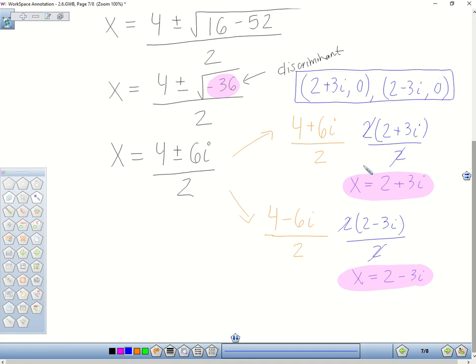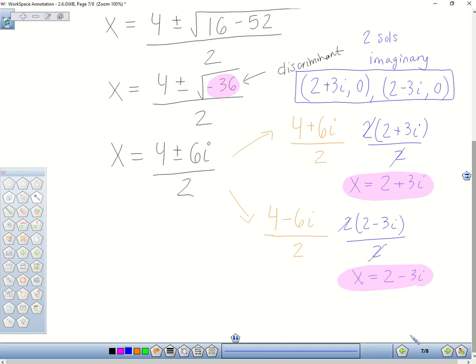You just haven't learned that yet. So you wouldn't be able to graph this, but you would be able to find them so far. And then to fill in your other boxes for this question, the number of solutions are 2, and the type of solutions are imaginary, okay? So there's 2 solutions, and they're imaginary.